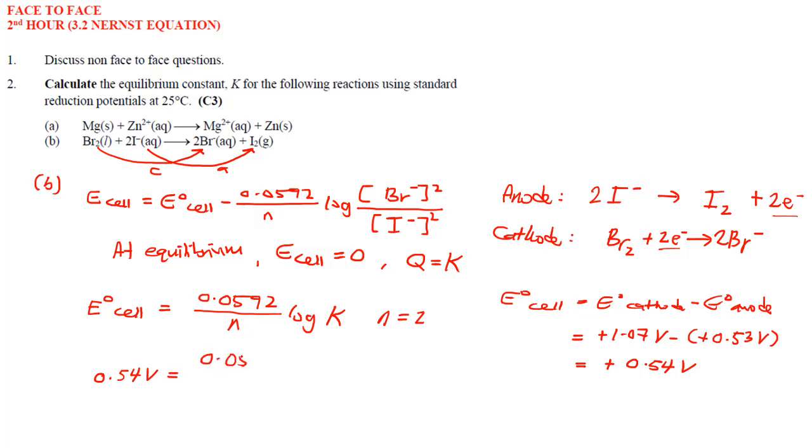Okay, dan kita dah tentukan kita punya n value tu as 2. Alright, okay, log K. So solving this should give you the K value of 1.751 times 10 to the power of 18. Okay, alright, so make sure you're clear okay, with the steps tu.